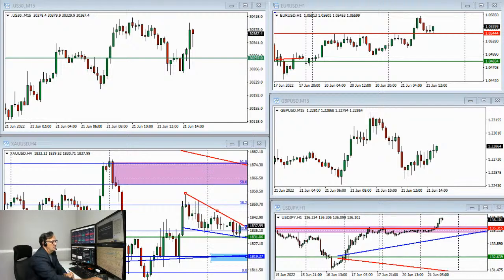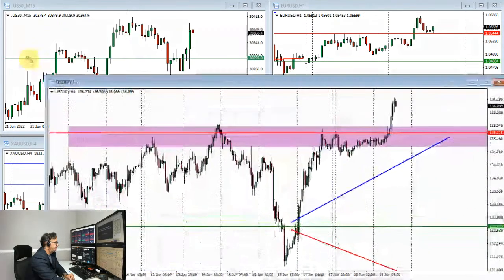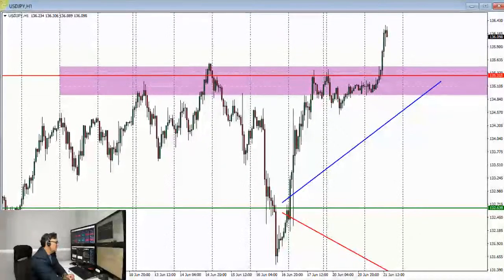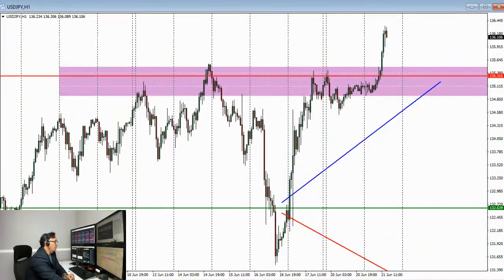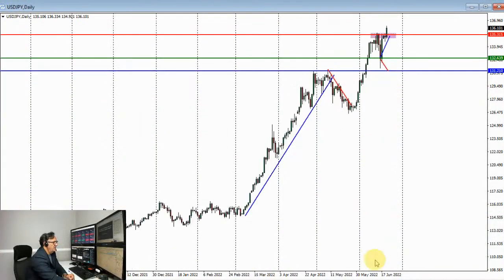What about dollar yen? So let's talk about dollar yen very quickly, and then we can check some of this other stuff as well. We talked about dollar yen ahead of the Bank of Japan. There was a divergence there as well, but obviously we are not showing any indicators here. And this looks very one-sided.